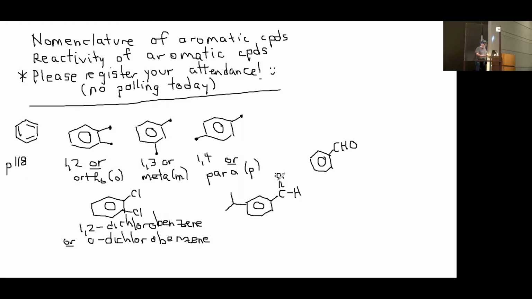So we will name it as a benzaldehyde, and we'll point out, although I could have drawn it a little better, that the isopropyl group is in a 1,3 relationship to the aldehyde group, with the carbon bearing the aldehyde group being automatically considered carbon 1. So you could go either way with this. You could call this 3-isopropylbenzaldehyde. And again, you don't repeat the 1 because it's understood that the carbon bearing the aldehyde group is carbon 1.